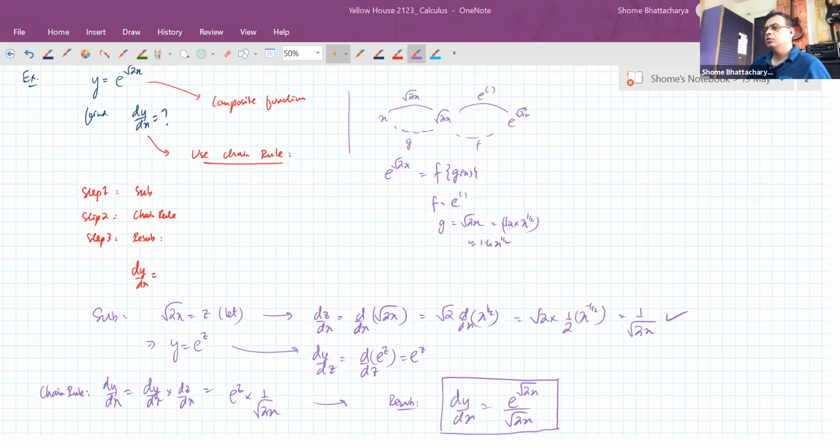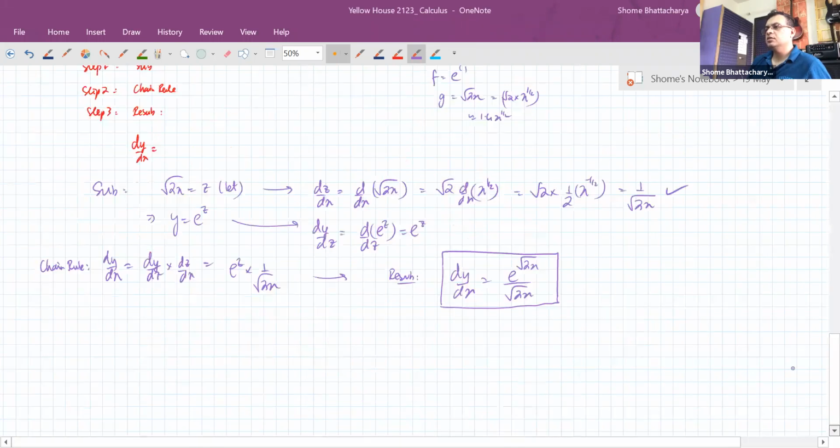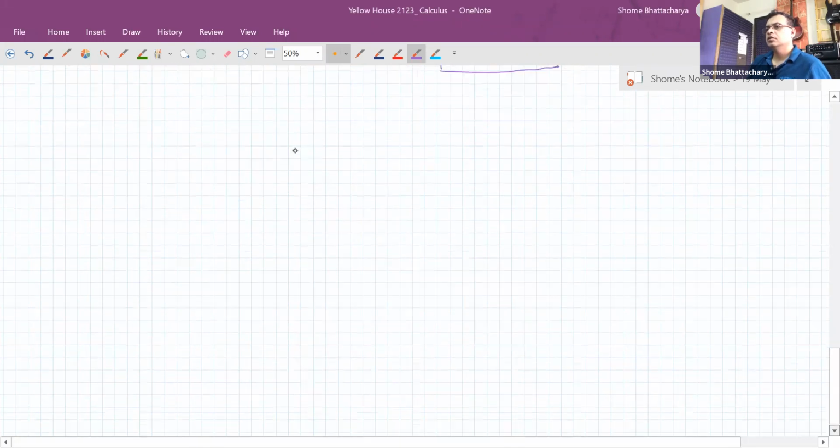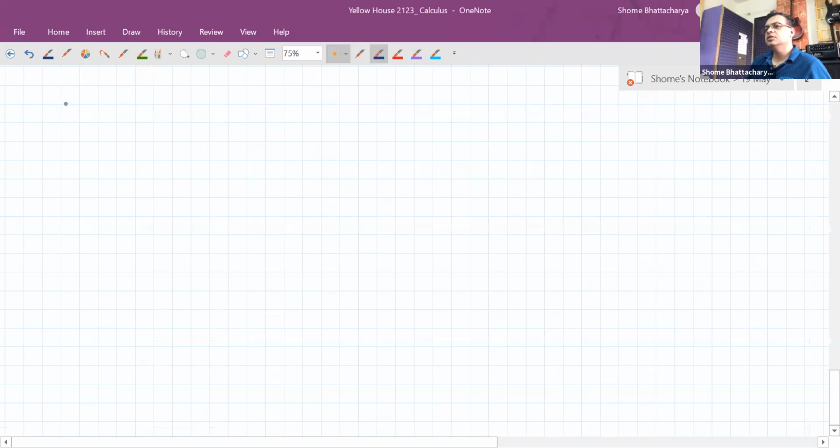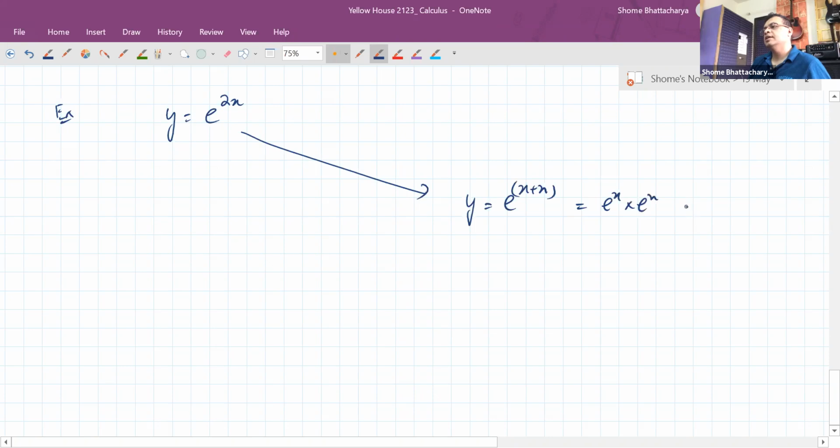Okay. Now, before we proceed to the next doubt or question, I just want to show you something. Instead of this, suppose I had an example where I have y is equal to e raised power 2x. Now here I have two options. One is that I can express it as a product, okay, and then I can apply the product rule to find dy by dx.